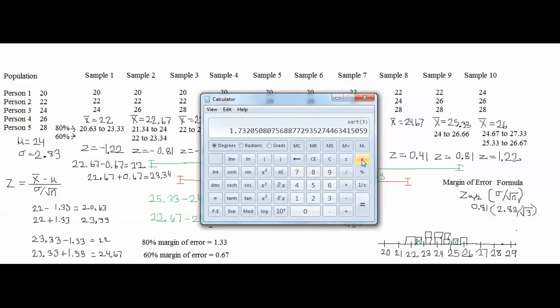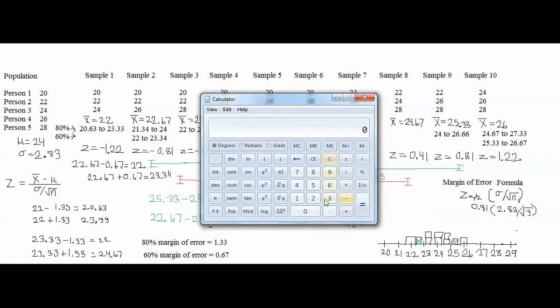It's 1.732. So we're going to be dividing 2.83 by 1.732 because that's the square root of 3. So let's do that. 2.83 divided by 1.732. I think that was correct.